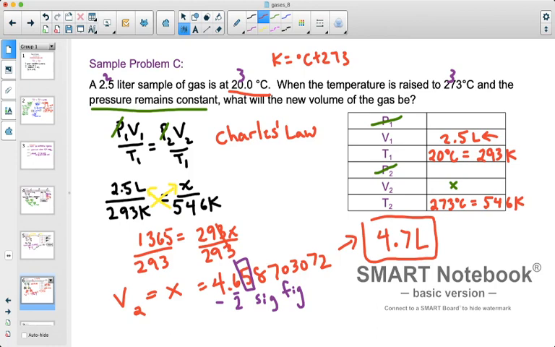So you can use the relationships that you know just to kind of make sure that you've done the math correctly. It's almost like a second check. If you recognize it as Charles' law, or you recognize that volume over temperature is a direct relationship, then you can make sure. And I see that. Temperature increases, volume increases. All right, did the problem correctly.